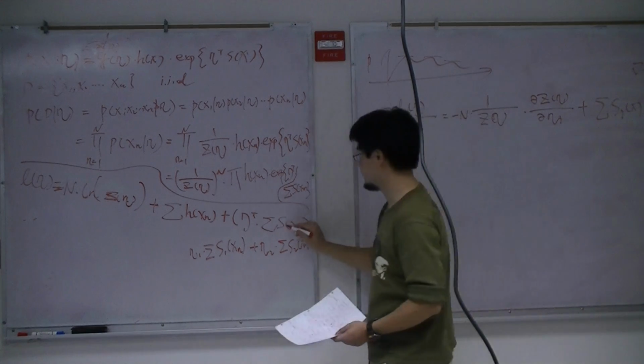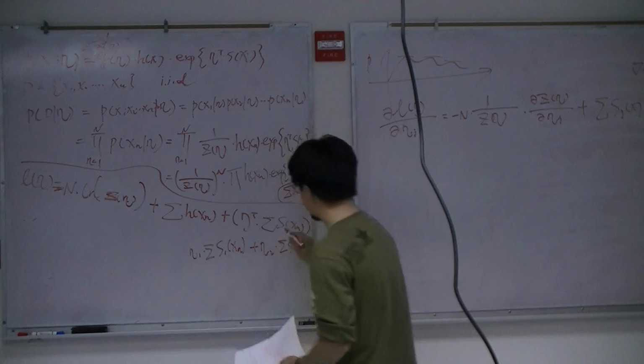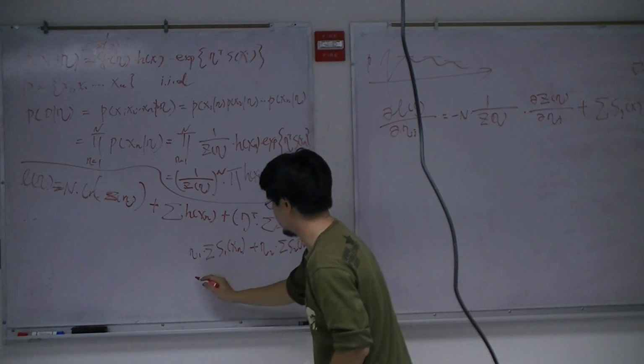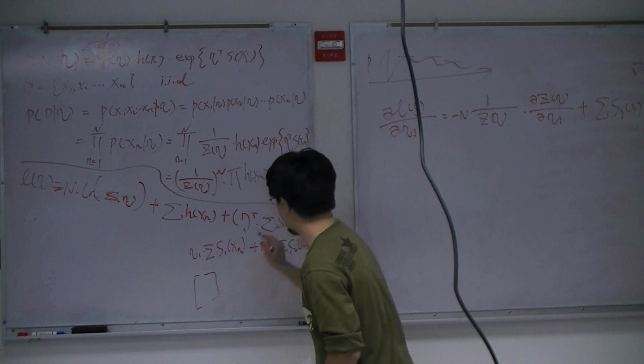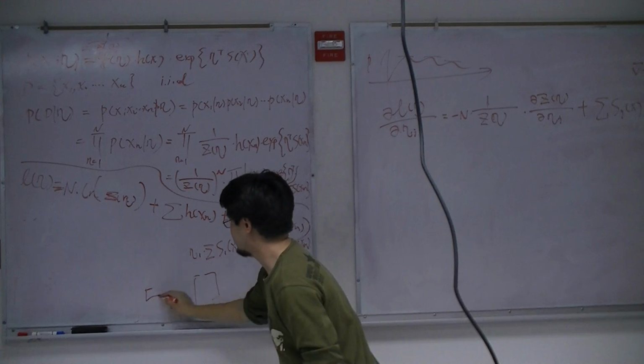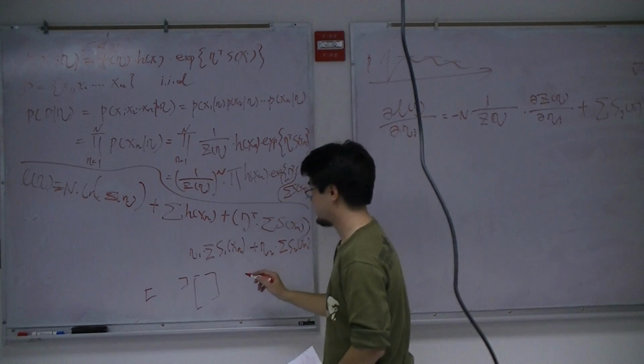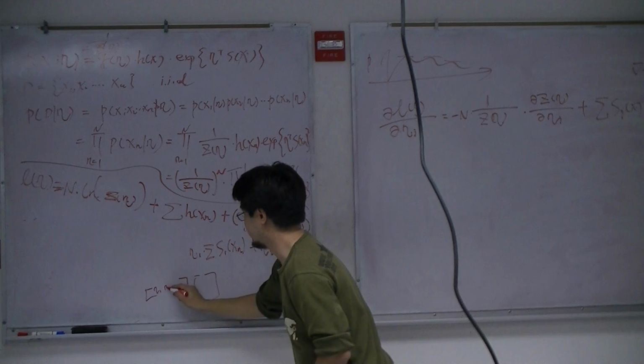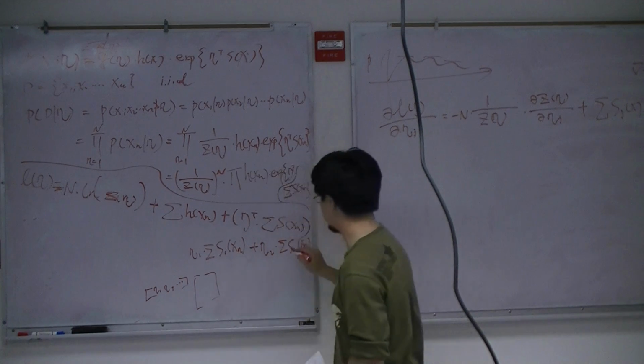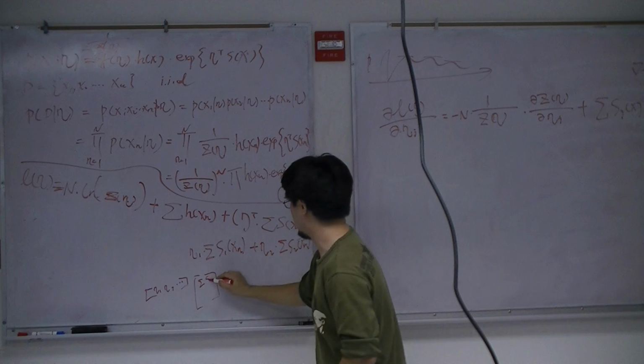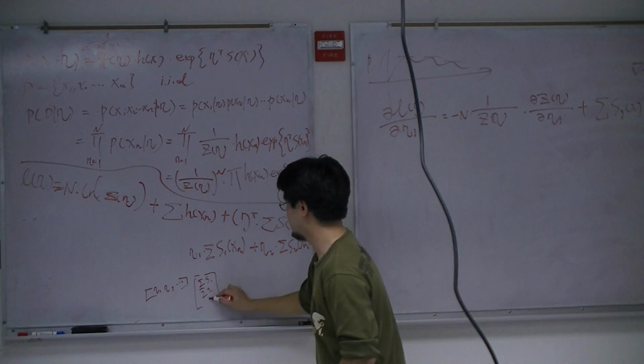Because eta is also a vector, eta 1 is the summation of x1, and the next is the summation of x2.